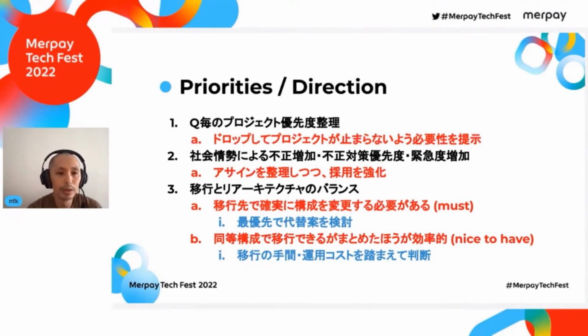Regarding the implementation of fraud countermeasures due to external factors, we roughly separated our members into two groups, those engaged in fraud countermeasures and those participating in the migration, to avoid delay in fraud countermeasures. At the same time, we increased hiring and enhanced the entire team.